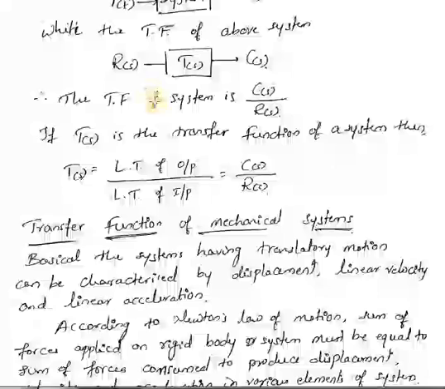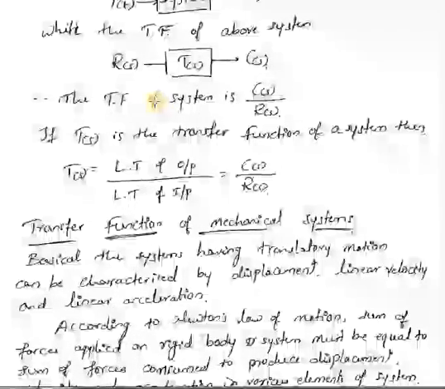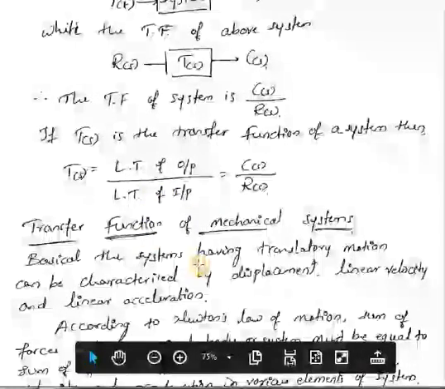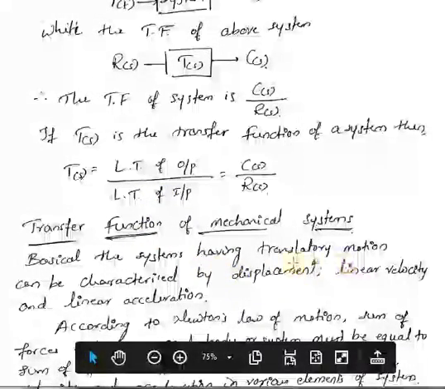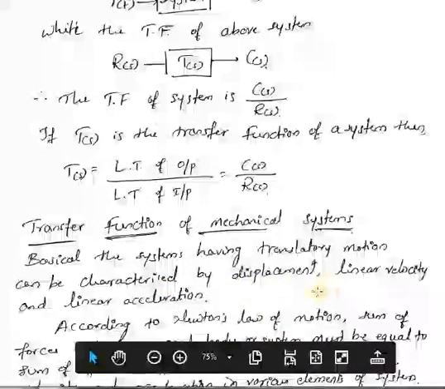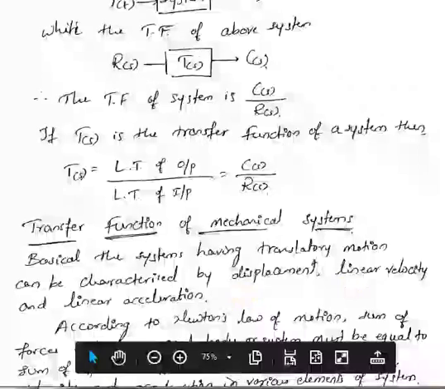Now let us try to understand how to write the transfer function of a mechanical system. Systems having translatory motion can be characterized by their displacement, linear velocity and linear acceleration.